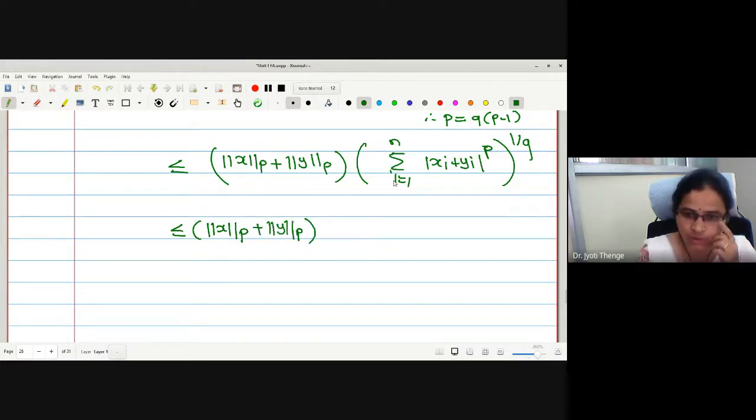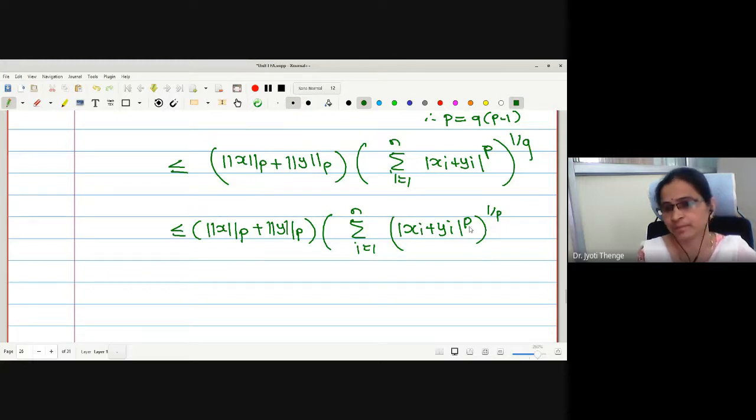Now, can I adjust the term as summation i equals 1 to n mod xi plus yi raised to p? Here I will write this as 1 by p, p raised to 1 by q, p raised to 1 by p, and the whole thing raised to p by q.